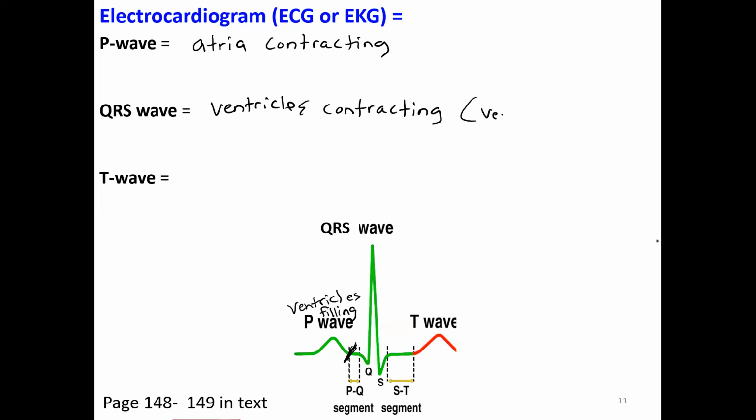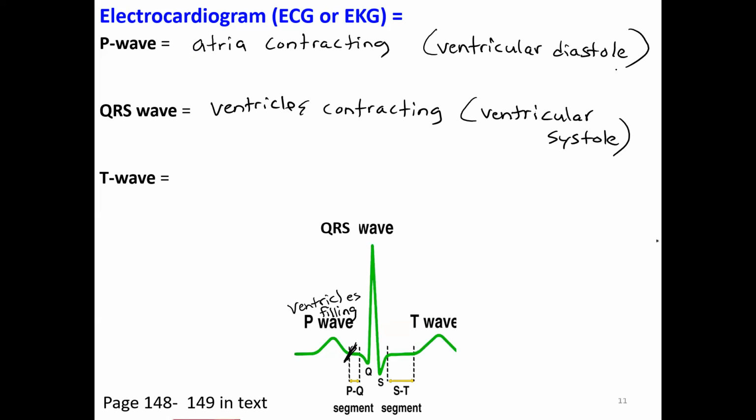Okay, that's going to be ventricular systole happening there. When the atria are contracting, that's ventricular diastole. That's when they're filling. Now, the T wave right here at the end is when the ventricles are relaxing.